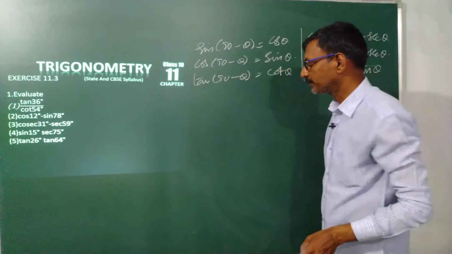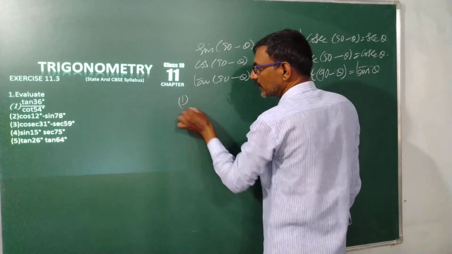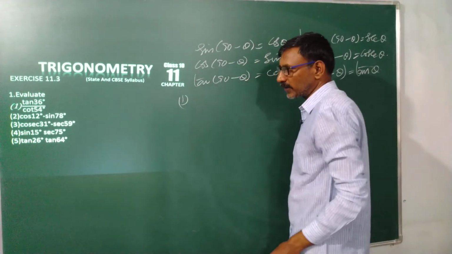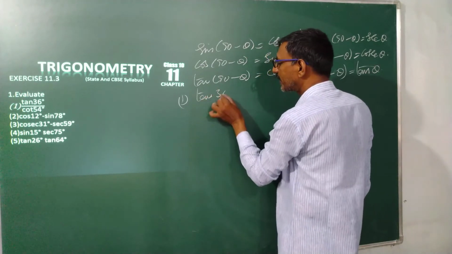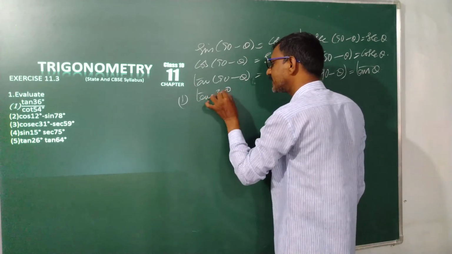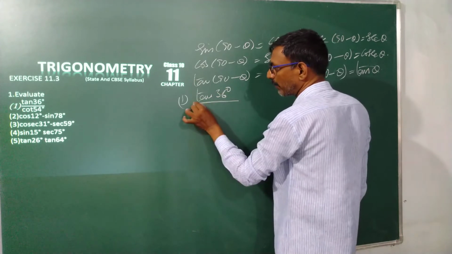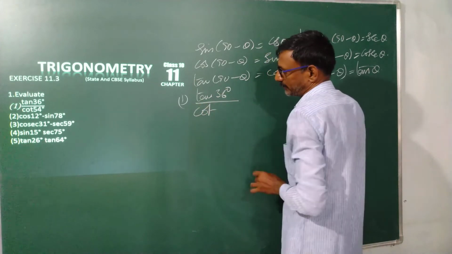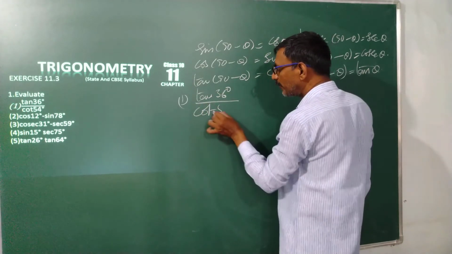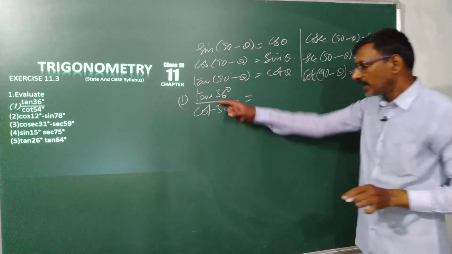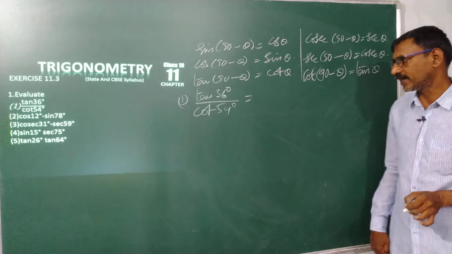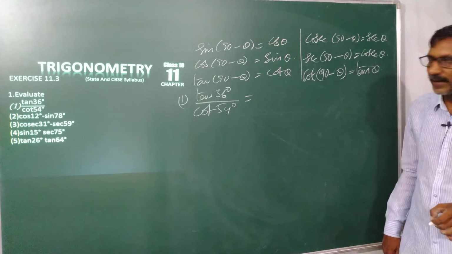See the first one. Exercise 11.3, first problem: tan 36 degrees divided by cot 54 degrees.